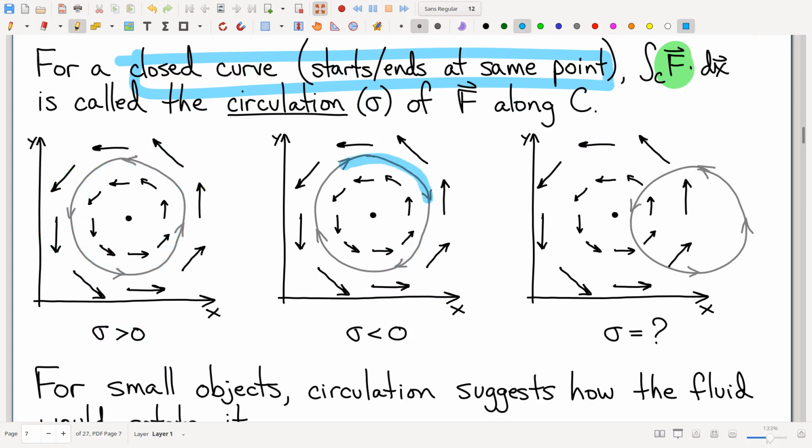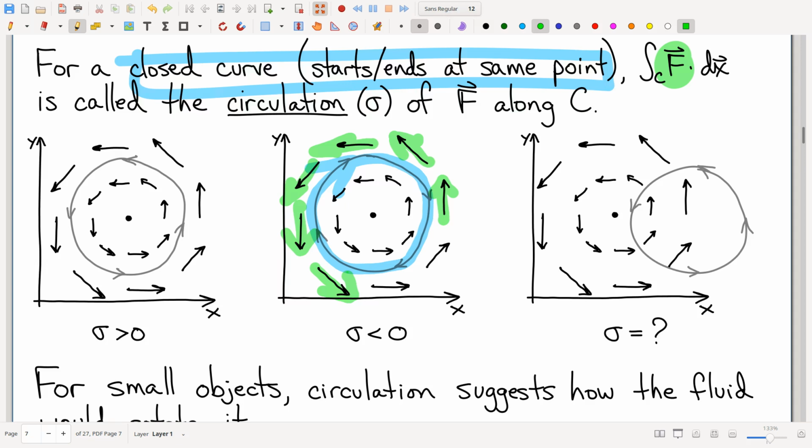Okay, now let's consider this next case down here. This is a very similar looking closed curve, but you'll notice it's going the other direction. Our vector field is exactly the same as it had been, seemingly going along the curve. But something is importantly different. Even though the fluid is going parallel to the curve, it's going in the wrong direction. Up here, for example, the curve is going that way, and the fluid is going that way.